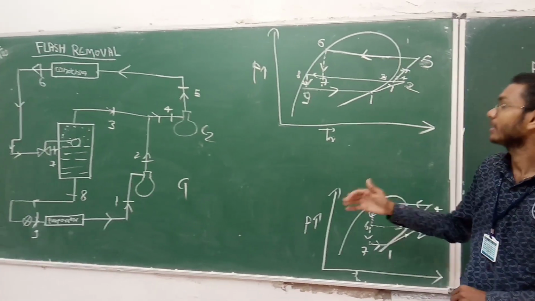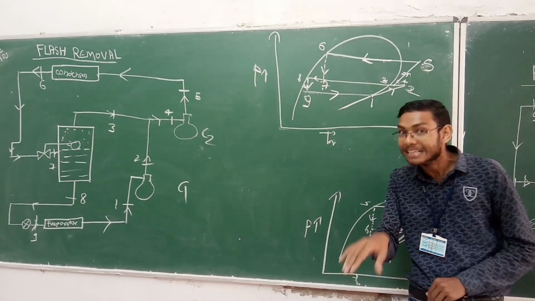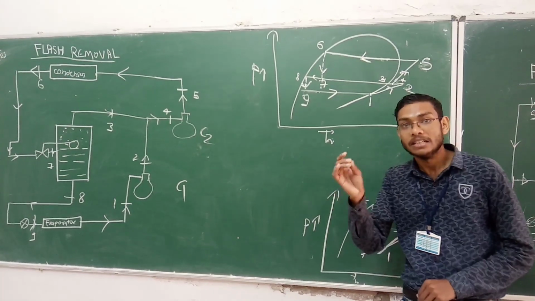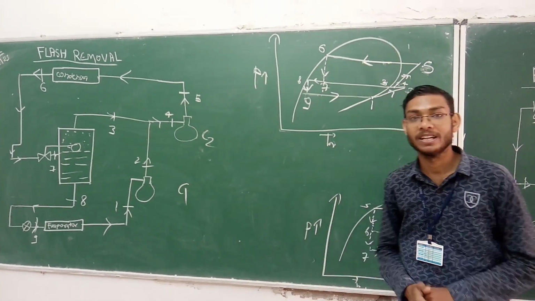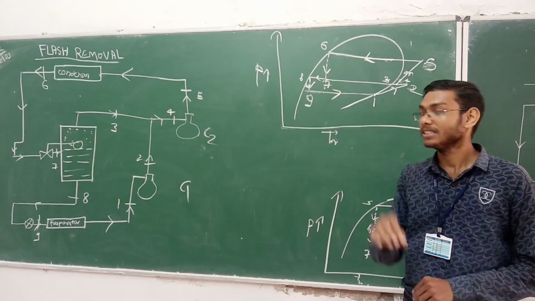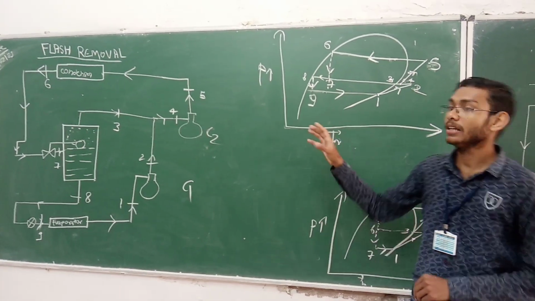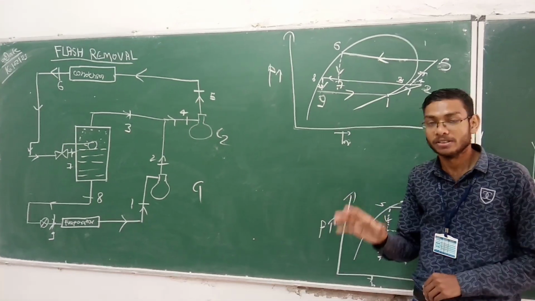And after that it is again the inlet to the evaporator where we see the refrigeration effect, and in this way we have removed the extra flash that is produced in our vapor compression refrigeration system.